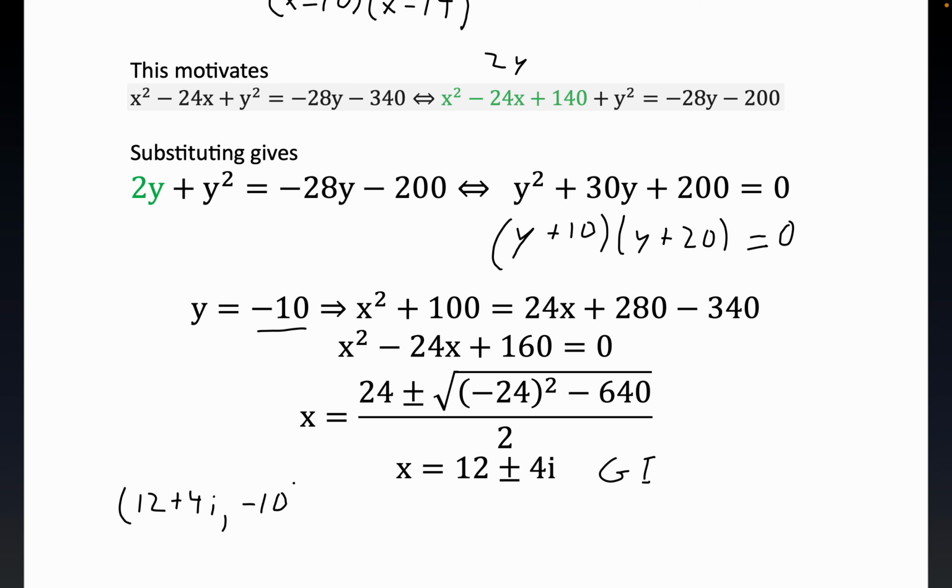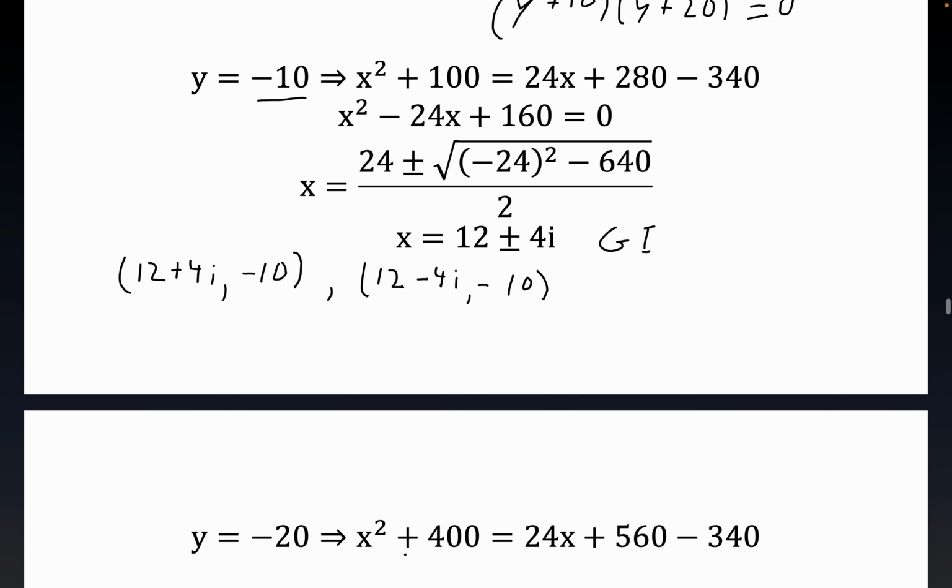And let's see what else. 12 minus 4i, I should have just written plus or minus here, also corresponds to negative 10. So those are two of the solutions in Gaussian integer coordinates.